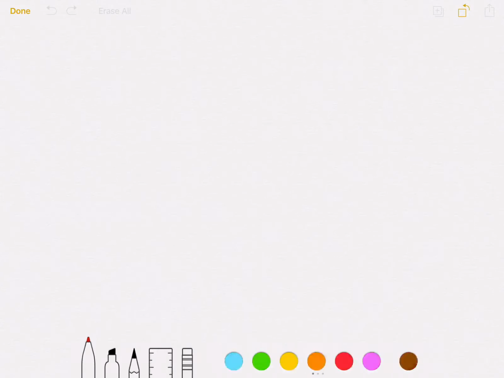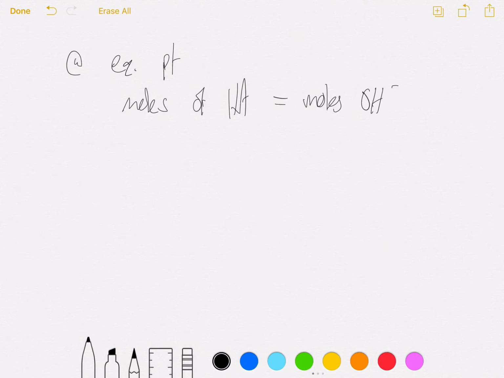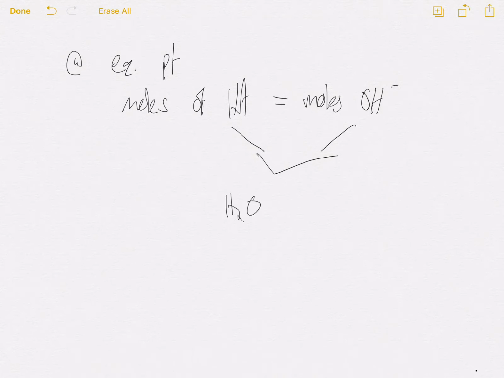And so when you've added one equivalent at the equivalence point, that means that the moles of HA are going to equal the moles of OH minus. That's the definition of the equivalence point, which means all of these will react quantitatively to give you water and A minus.